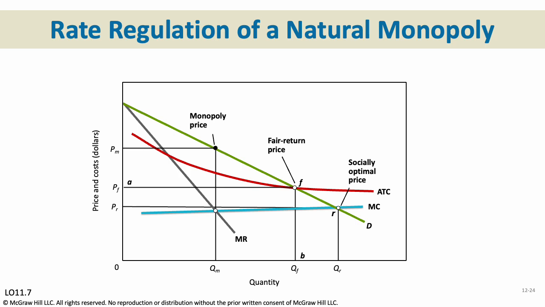Your fair return price is where demand and average total cost intersect, where they will make a profit. They'll allow the monopolist to break even, but will not fully correct the underallocation of resources. And then the monopoly price, if the monopoly was not being regulated, would be PM, where they're making a large profit. So there's no right or wrong answer here, and we've seen examples in the real world of all of these scenarios with regulating monopolies.